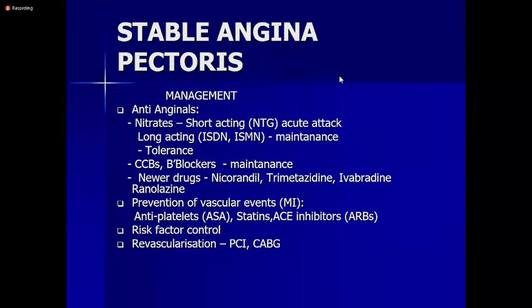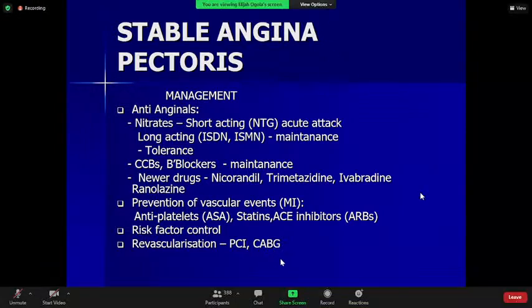And this can be done in two ways. We can do it via catheter, and PCI there means percutaneous coronary intervention. So that's what PCI means. Or we can do it by surgery, and what the CABG there means is coronary artery bypass grafting.